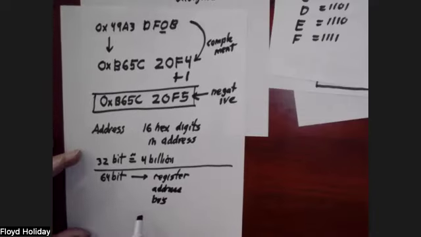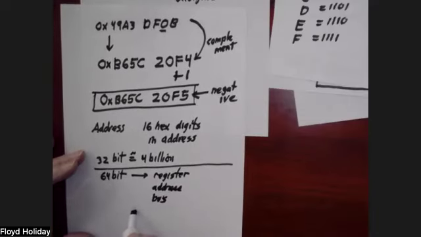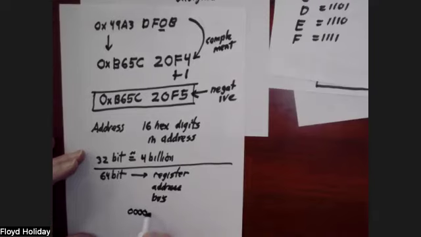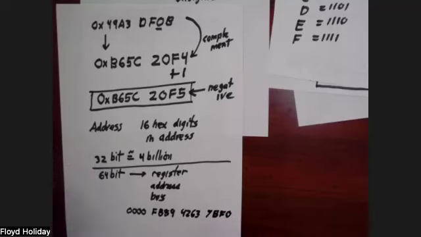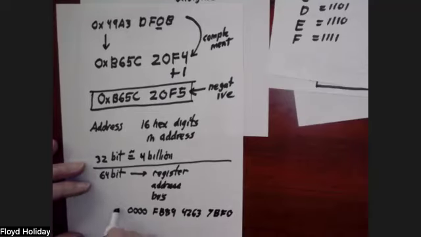We'll do some programming where we dump the addresses, but it will start out with 3 hex zeros, and then some numbers: F, B, 8, 9, 4, 2, 6, 3, 7, B, F, 0. So there's 16 digits, each one representing 4 bits. That's a 64-bit number.